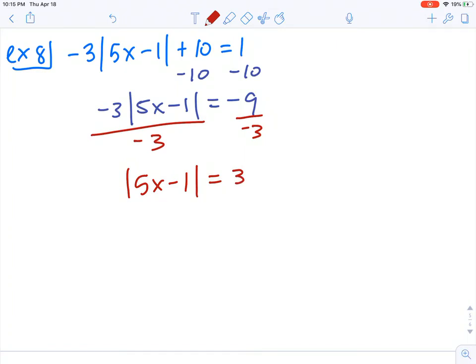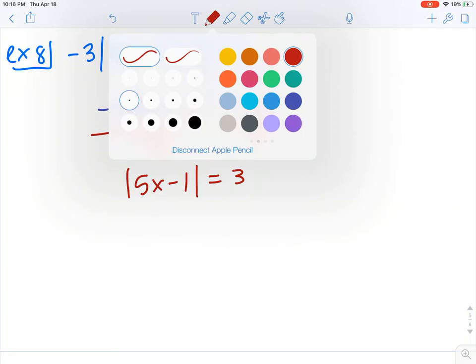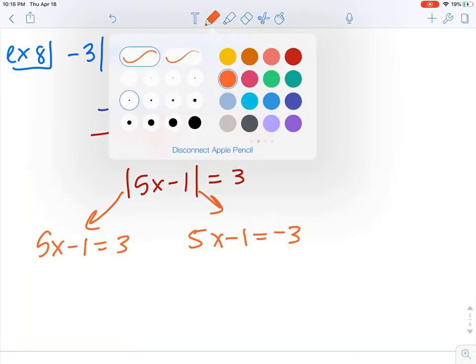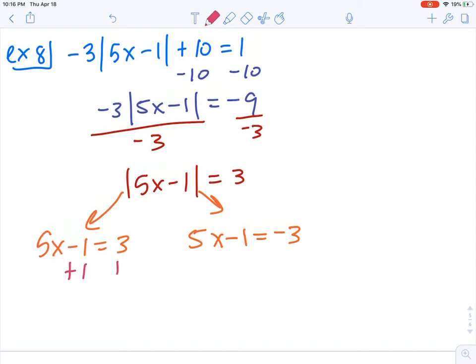So I pause, I look, yes, we have a positive number equal to what is an absolute value. So we're ready for our two cases, ready for our jailbreak. 5x minus 1 is equal to 3, and 5x minus 1 is equal to negative 3. To solve these two equations, we need to begin by adding 1 to both sides.